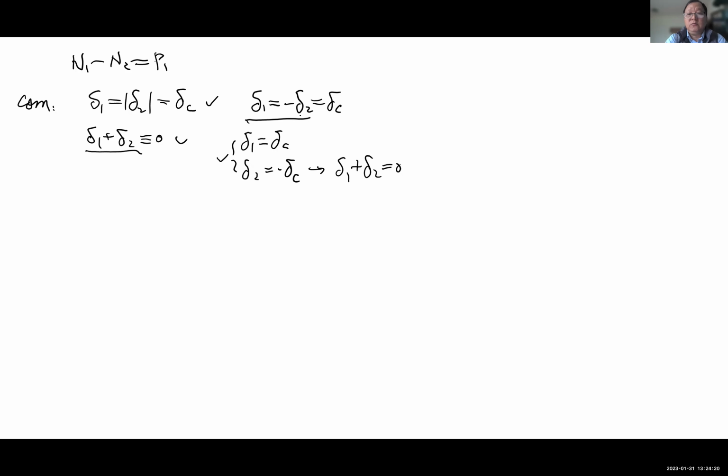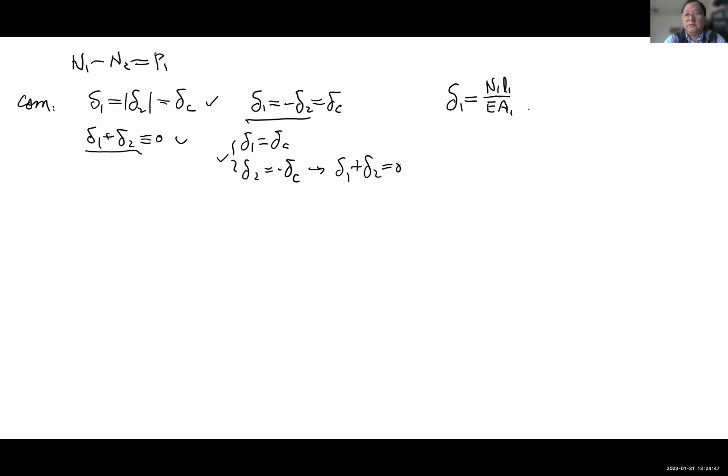Now what's delta 1? The equation we learned: elongation is N1 L1 over E1 A1. Let's assume they have the same material, constant E. The area from the figure looks different, so you have A1.